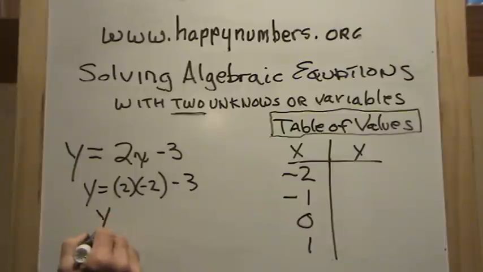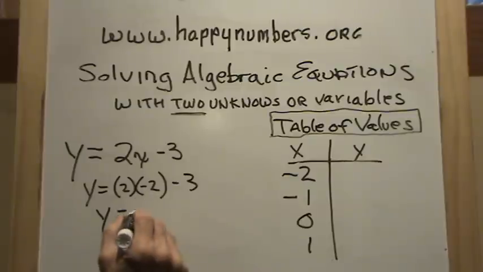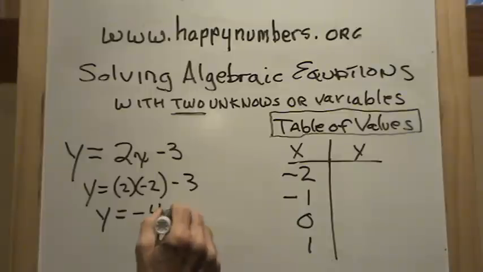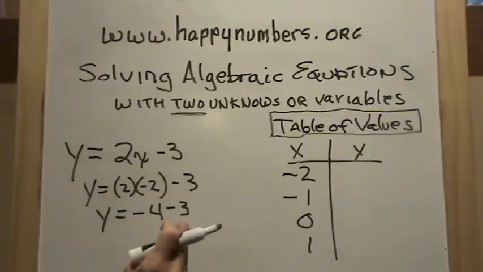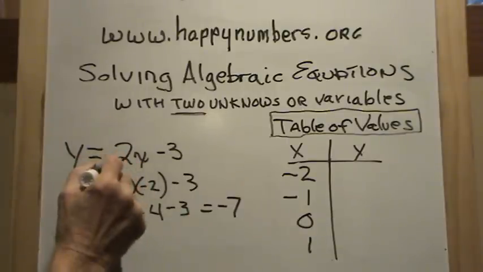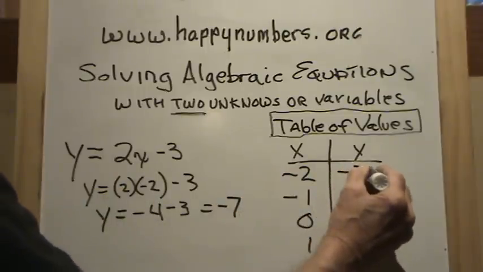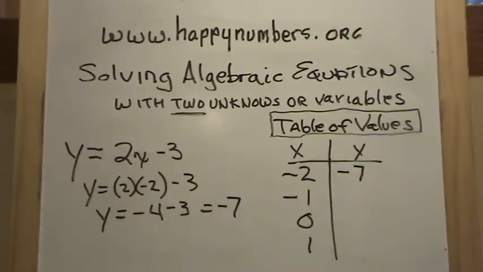Well, y is equal to positive 2 times negative 2 is negative 4, plus, we're combining it with a negative 3. Well, a negative 4 combined with a negative 3 gives me negative 7. So when x is negative 2, y is negative 7.